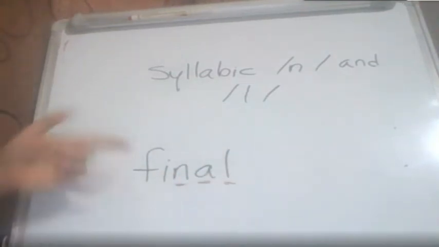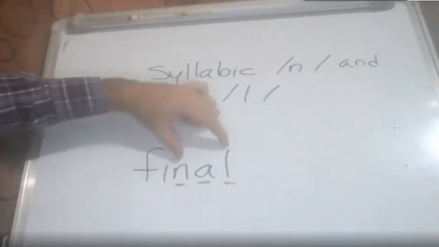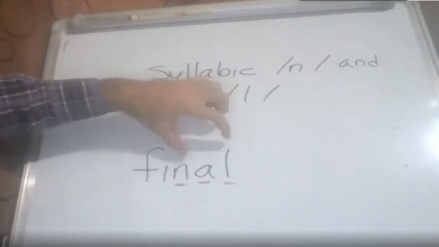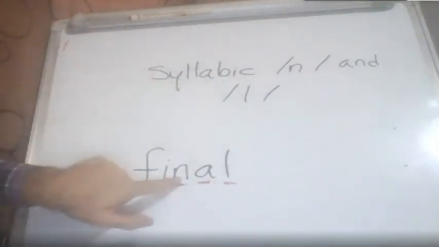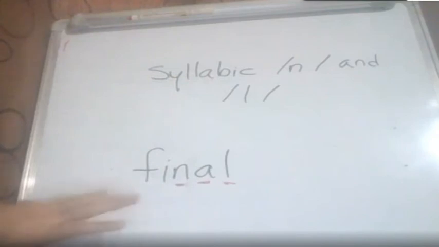What happens here is that these two sounds, the N and the L, share the same place of articulation. So it is alveolar, both of them, right?